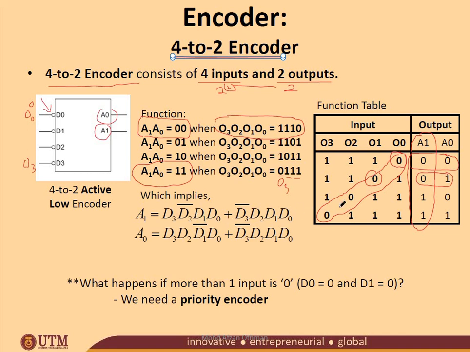So you can see this is the function. This one corresponds to D2, and this one corresponds to D3. Okay, so don't confuse. This O3 means the combinational input, and D0 until D3 is actually the input pin. Okay, the input pin.